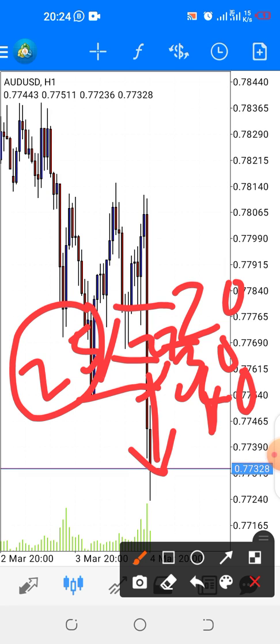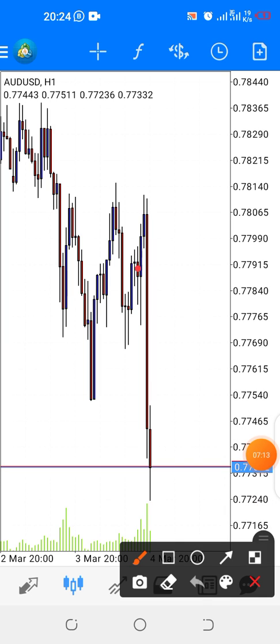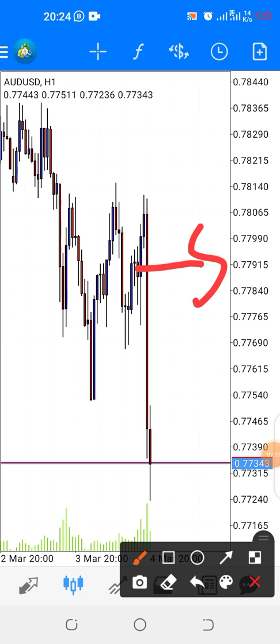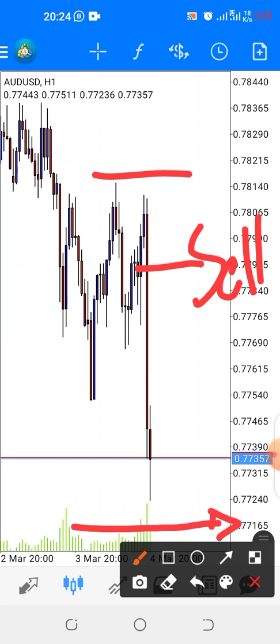So I'm going to give you the stop loss level and a TP. Let's assume this is the sell entry here, stop loss somewhere there. I sent that in the signal, and your TP is way back below here.